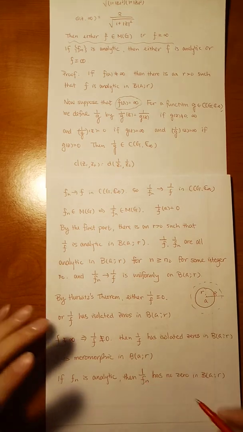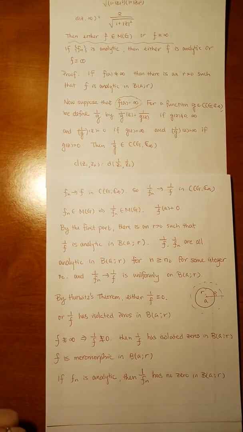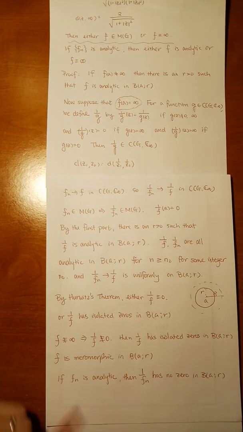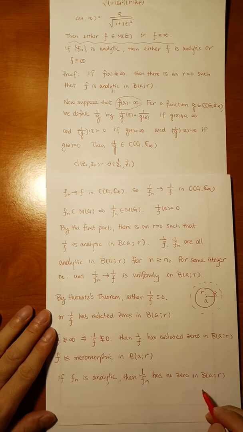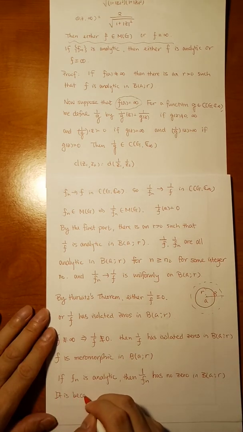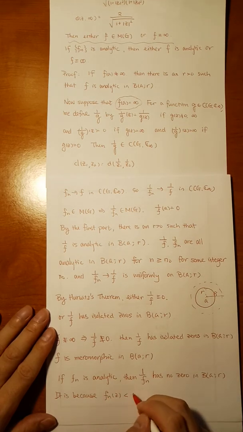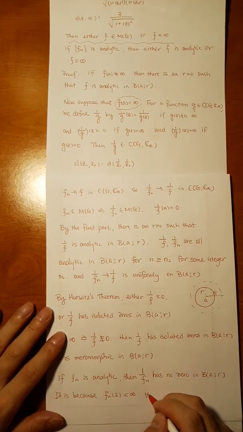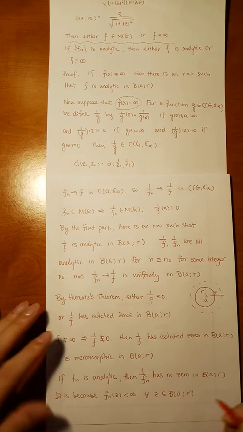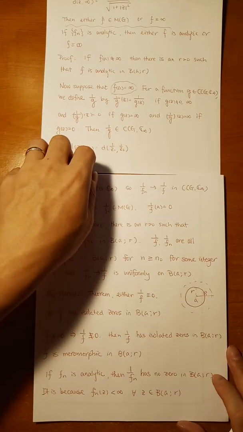If Fn is infinity, 1 over infinity is 0. But Fn is analytic. Fn of A is never infinity. So 1 over Fn is never 0. Here it's because Fn of Z is always less than infinity for all Z in this ball. It's an analytic function. An analytic function has no infinity, no poles.